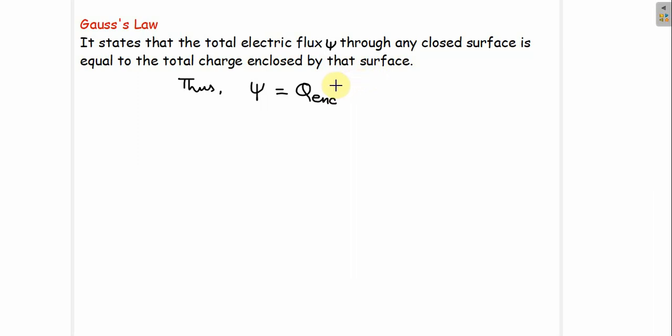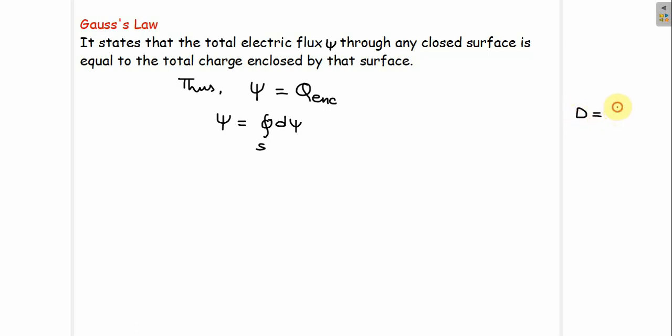Now how can we get this electric flux? Obviously this electric flux can be obtained by integrating the differential electric flux through the surface S. Now how do we represent this? If we recall the surface charge density D, what was this D?